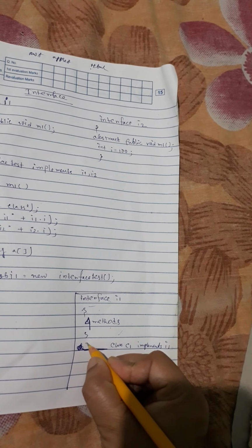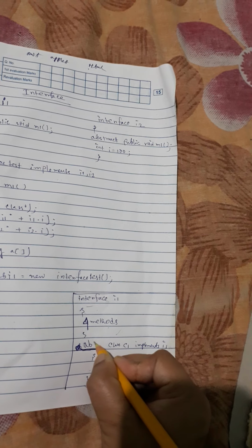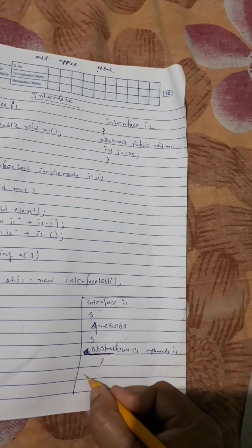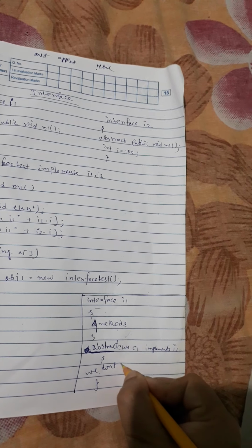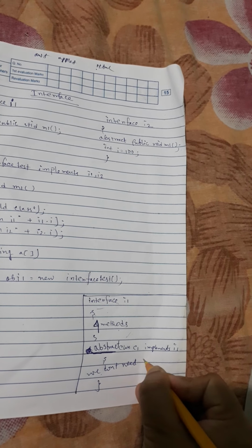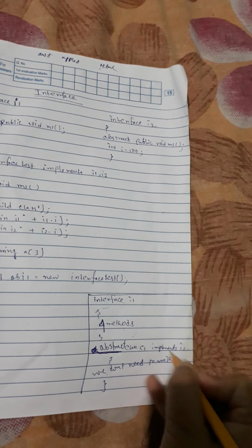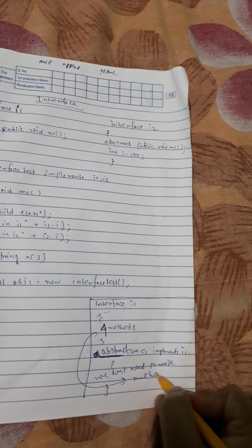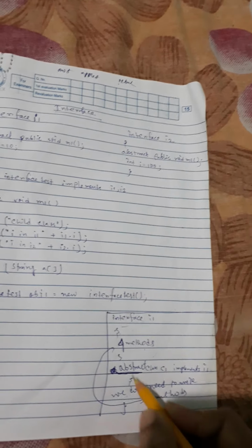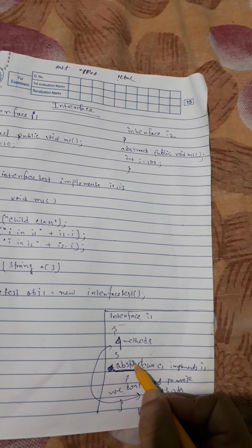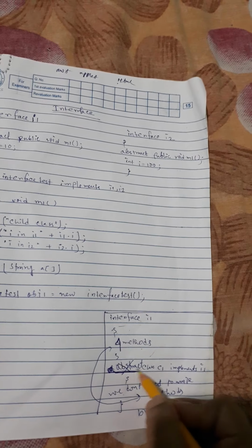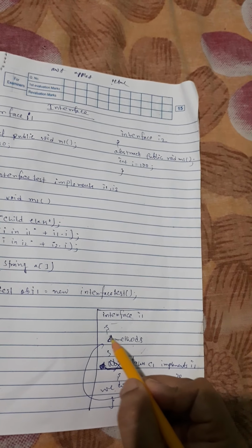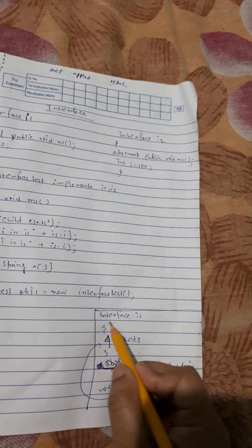Suppose we write abstract, then we don't need to write all methods, but if abstract is not present, we will write the four methods which are written in the interface.